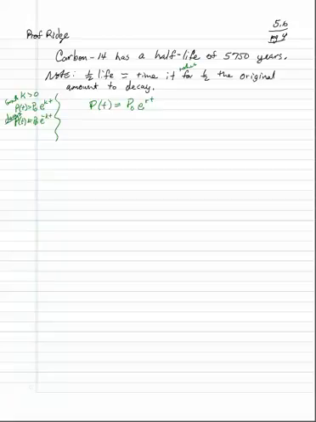I don't make a distinction between the formula. If r is positive, it's growth. If r is negative, it's decay. So you just have to keep track of what we're talking about.